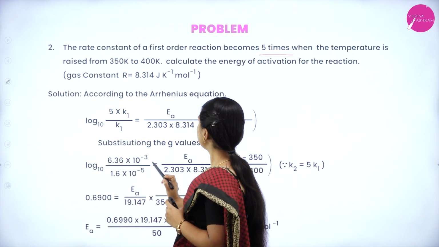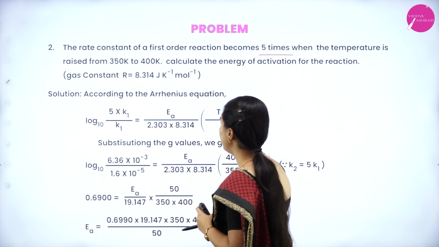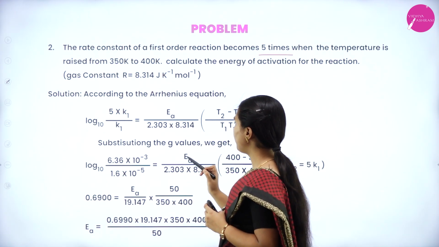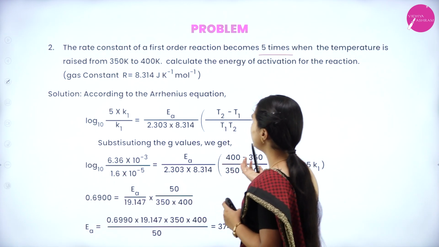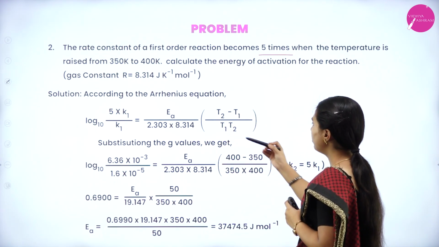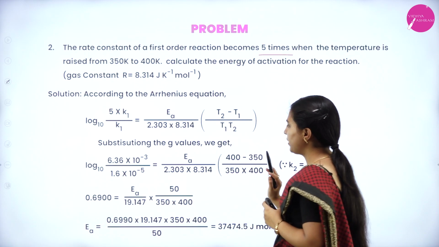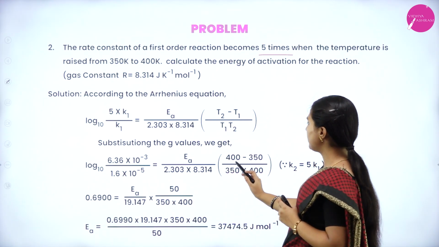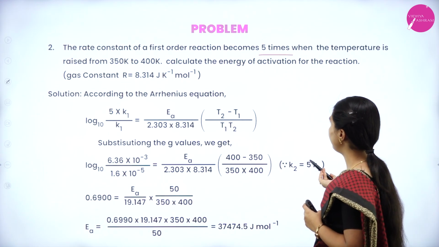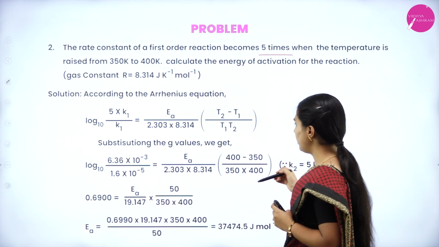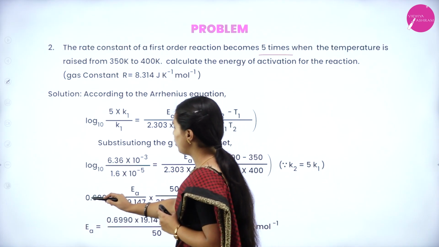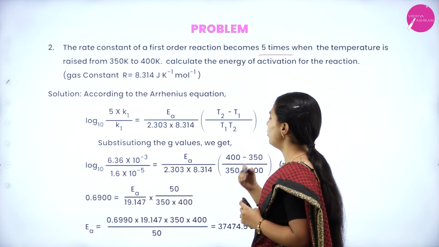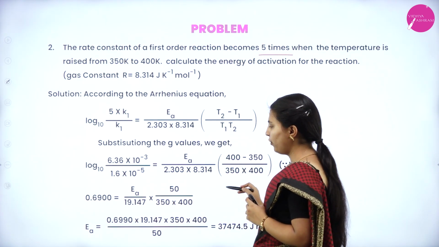5 K1, 6.36 × 10^-3 divided by 1.6 × 10^-5 equals Ea by 2.303 into 8.314 into (400 minus 350), because T2 is 400, T1 is 350. After all substitution, we'll get 0.6990 equal to Ea by 19.147 into 50 by 350 into 400.